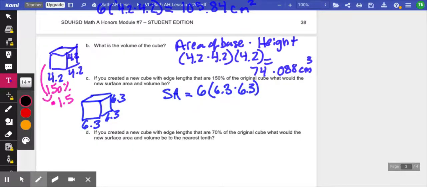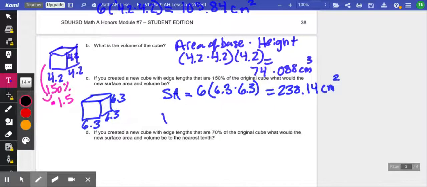So I get 238.14. What are my units here? My units are centimeters squared.